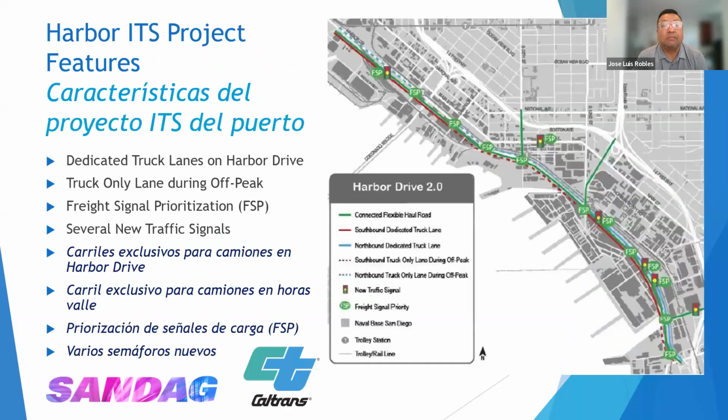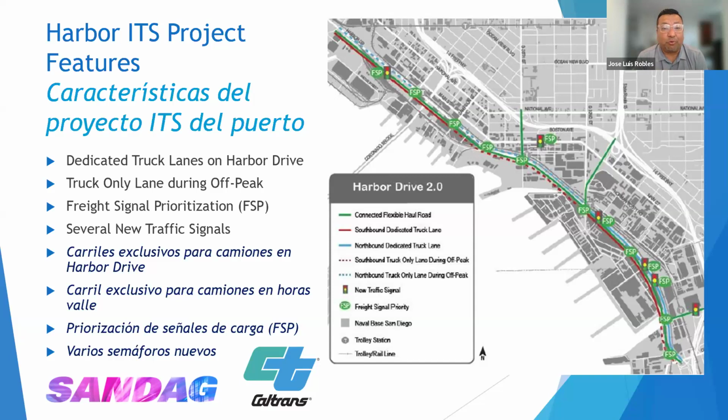Next slide, please. Okay, so I'll talk about the first component, which is the Harbor ITS project, or Harbor 2.0, as is better known. And in this portion of the project, our partner Sandag is going to be the lead agency for the design.